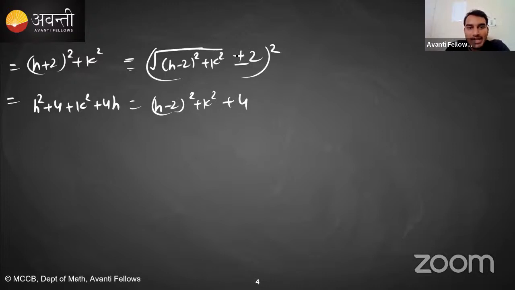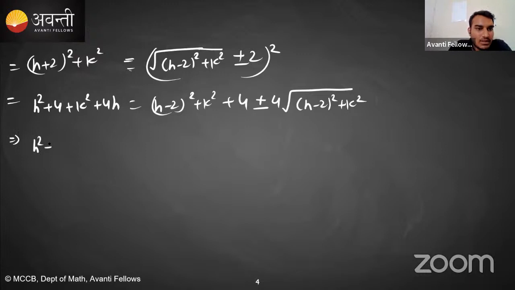Now if you take plus, then it will be 2 into this under root term. If you take minus, then it will be minus 2 into the under root term. So it means plus or minus 4 times under root of (h minus 2) whole square plus k square. So what you will get?